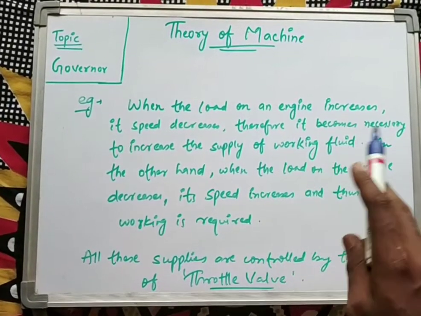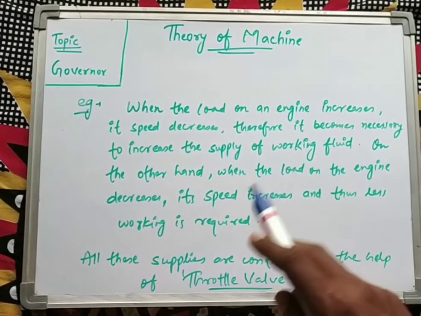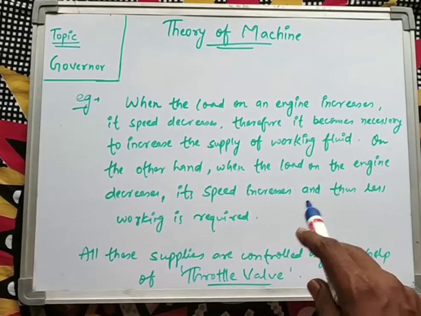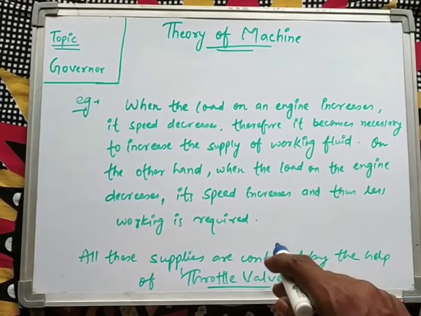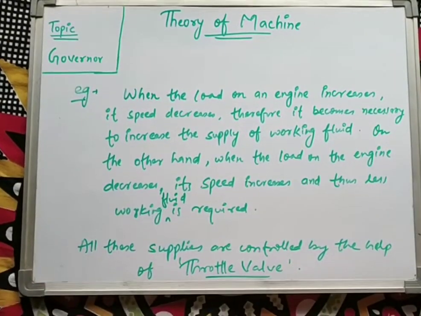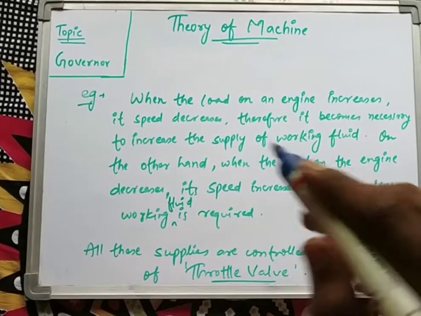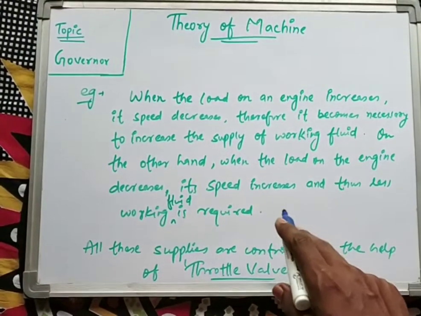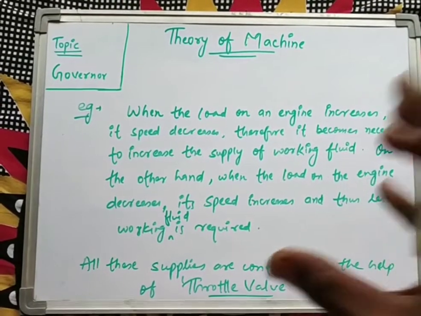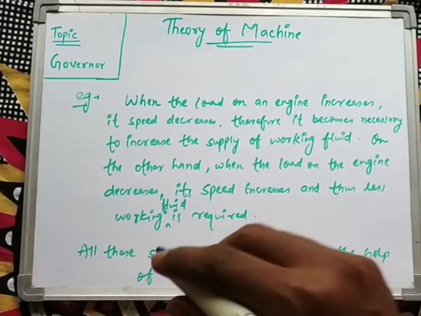Therefore it becomes necessary to increase the supply of working fluid. On the other hand, when the load on the engine decreases, its speed increases, and thus less working fluid is required. So we can justify from this that when there is an extra load on an engine, the speed automatically decreases.